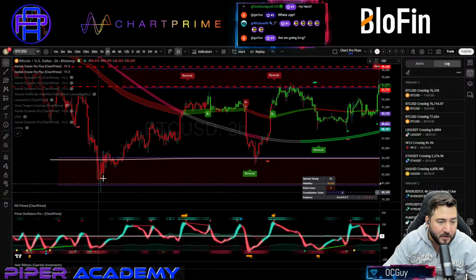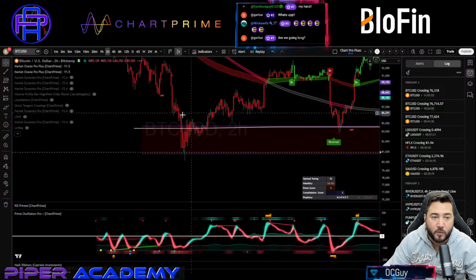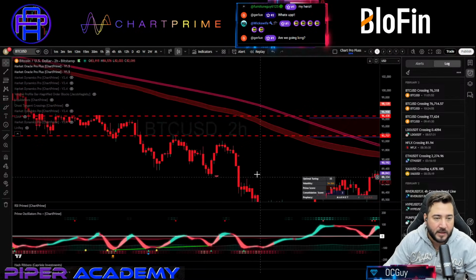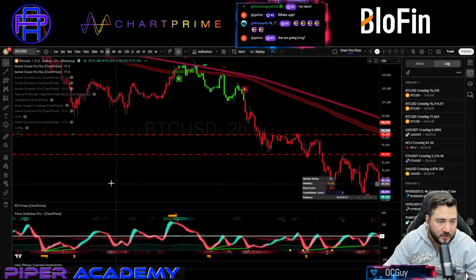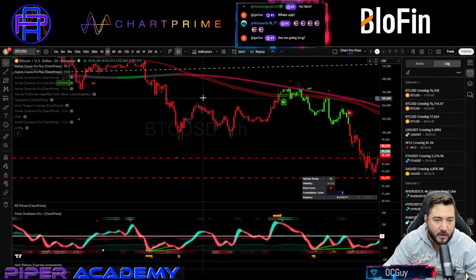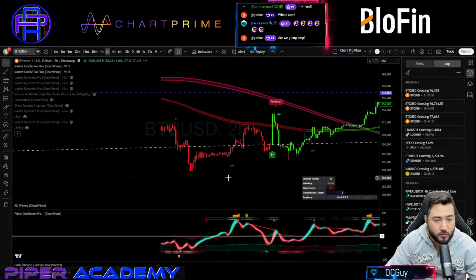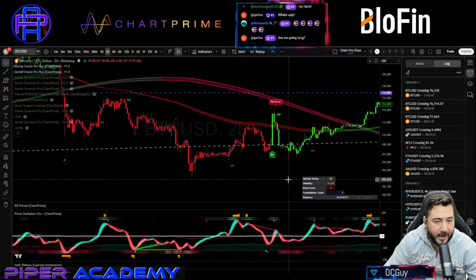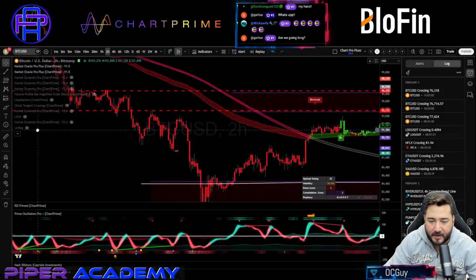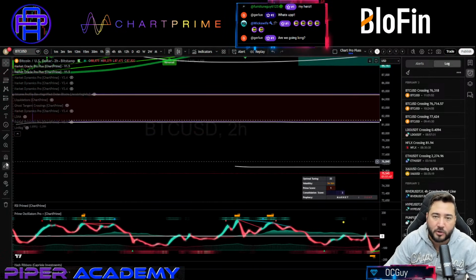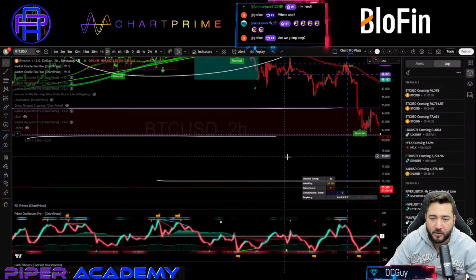Look at that pin bar and that reversal, especially when the pin bar becomes like a hammer, though this is not exactly the case. All right, so again, look at that pin bar reversal. It's not a complete full trend reversal where we're going to make a cycle high or anything like that, but it gives us that opportunity to increase our profit margin.